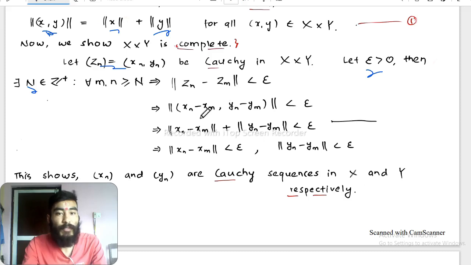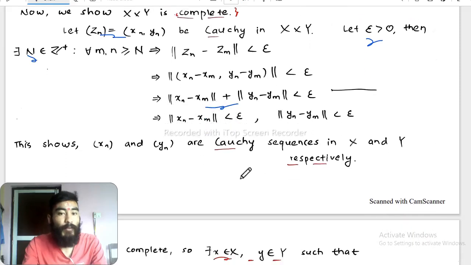After simplification, we get the norm of (x_n minus x_m, y_n minus y_m) less than epsilon. Now this step is important. We apply the definition of the newly defined norm on X cross Y, then we get this step. Since the sum is less than epsilon, the individual positive parts are also less than epsilon.